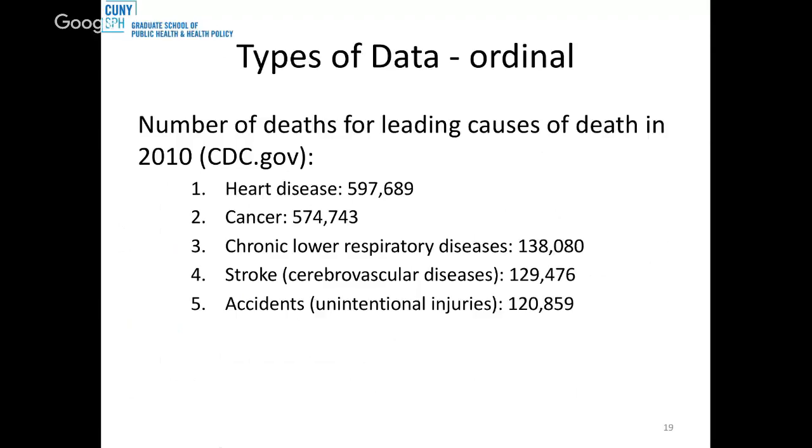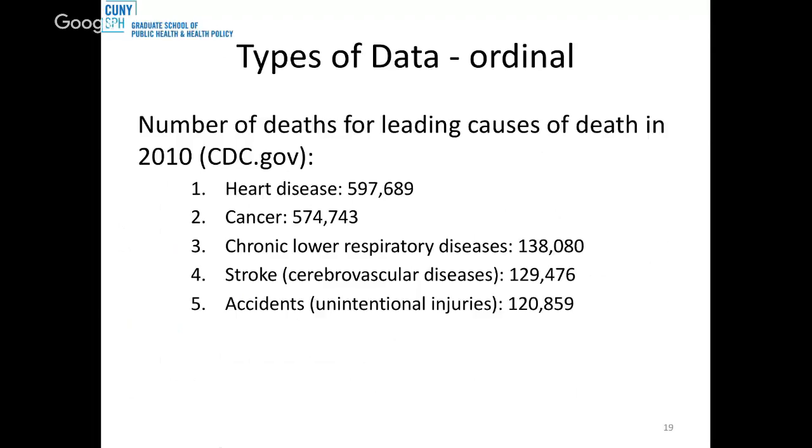One example of a rank variable would be the ranking of different diseases for the number of deaths that they cause. So not the actual number of deaths by these diseases, but the rank of them. In 2010, heart disease was the leading cause of death in the United States, followed by cancer, and then followed by chronic lower respiratory diseases.